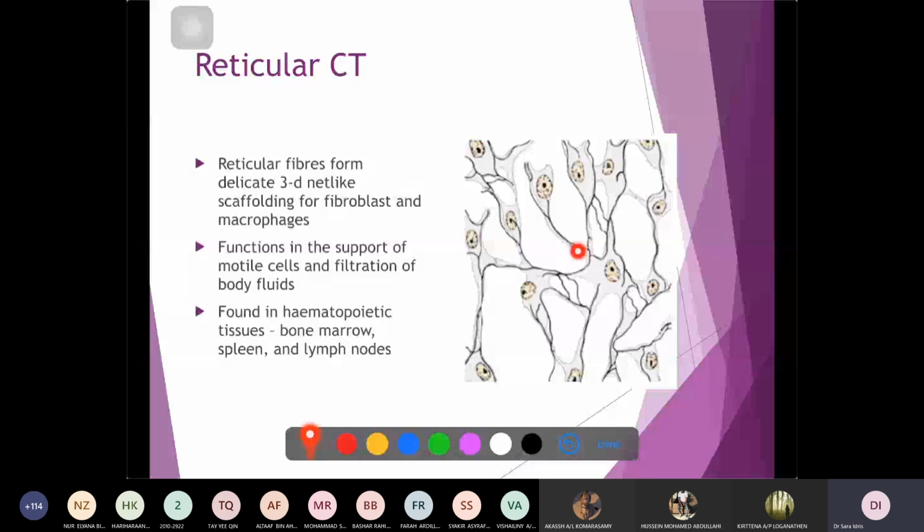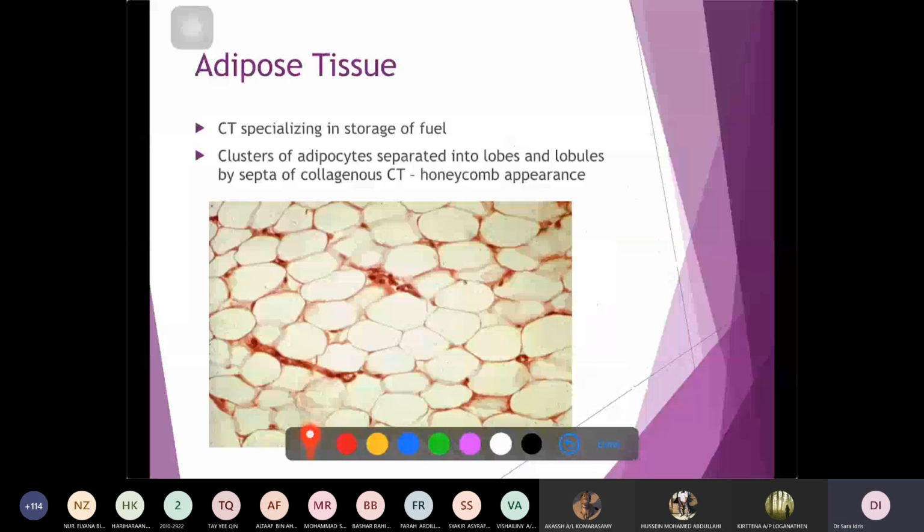This is a picture that we've seen earlier. This is adipose tissue, the connective tissue that specializes in storage of fuel and lipid. When you have a lot of adipocytes together, especially white adipocytes, it has a honeycomb-like appearance. Adipocytes can be separated from each other by septa of collagenous connective tissue.